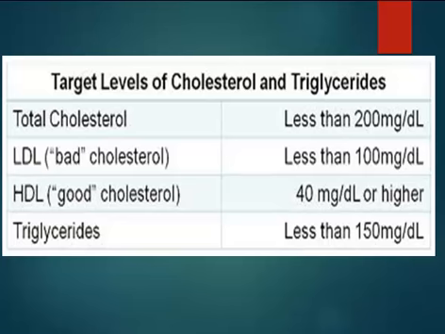The LDLs are the lethal cholesterol. We want to see it less than 100 milligrams per deciliter. And the HDLs are the good cholesterol, 40 milligrams per deciliter or higher. So we want to see that good cholesterol be high. And our triglycerides, again, those are kind of considered unhealthy, less than 150 milligrams per deciliter.